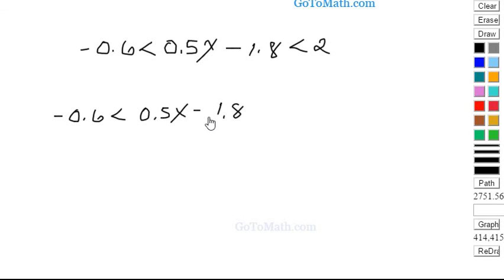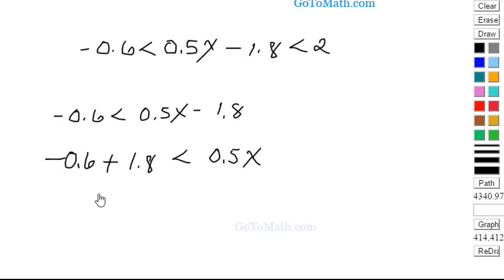Okay, so let's take that over to the left. Negative 0.6 plus 1.8 is less than 0.5x. Alright, so we need to come up with this guy right here. So this looks like 1.2.